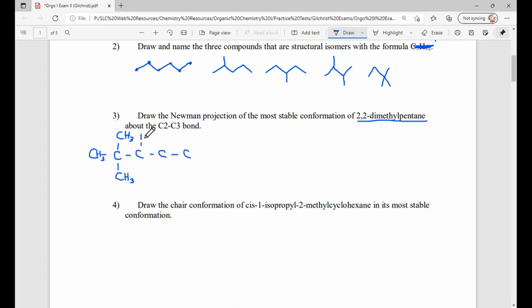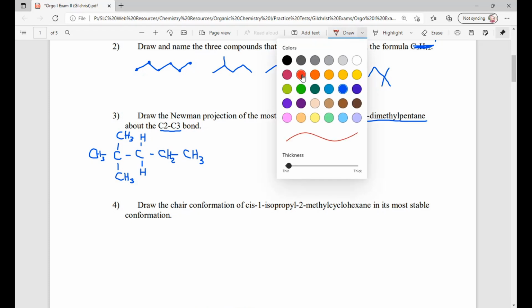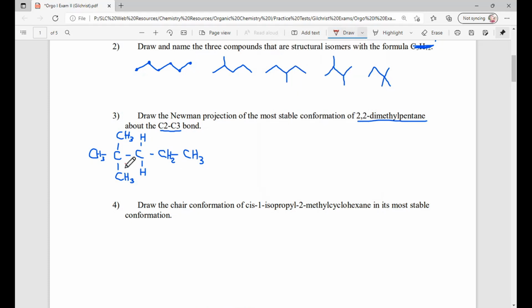Now, I'll put it on top and bottom here for reasons you're going to see in just a moment. CH2, CH3. And this has, down the C2-C3 bond. Now the thing here with this C2-C3 bond, so here's my carbon number 2, here's my carbon number 3, okay?